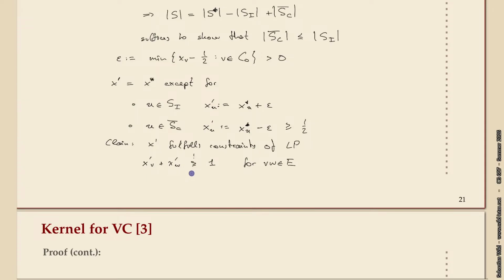It's an inequality, so it's only going to be a problem if I make variables smaller. So it'll only affect edges that have some endpoint in SC bar.